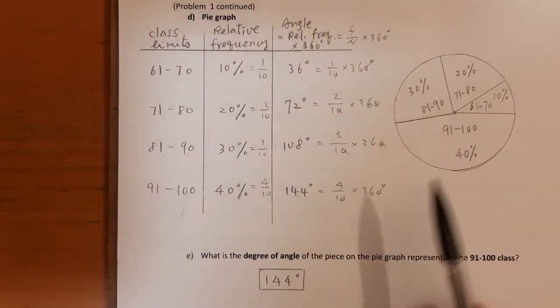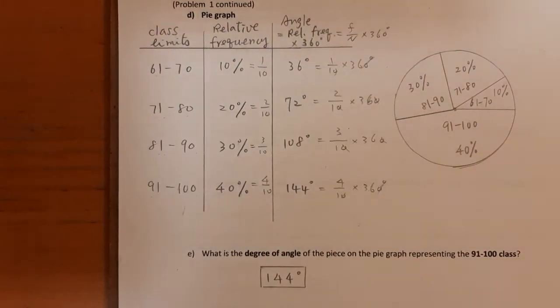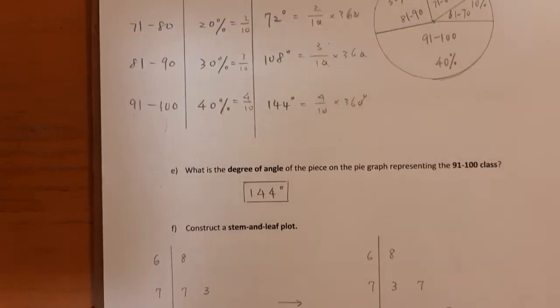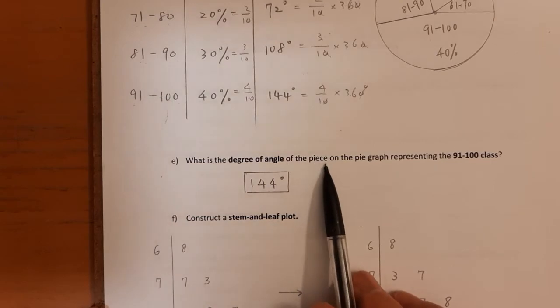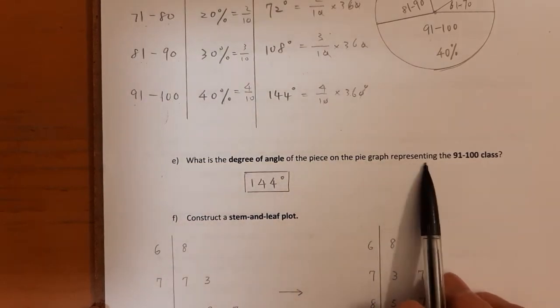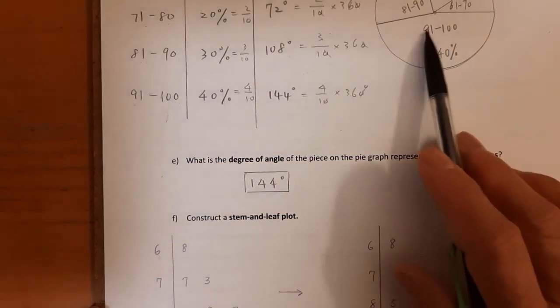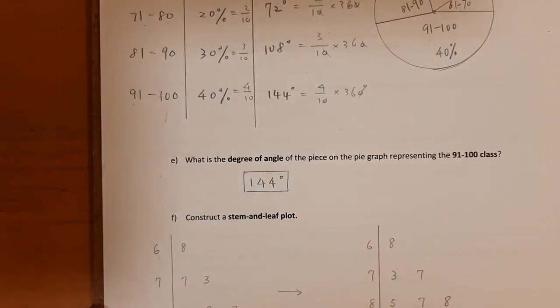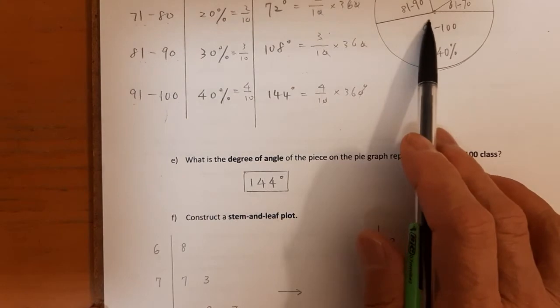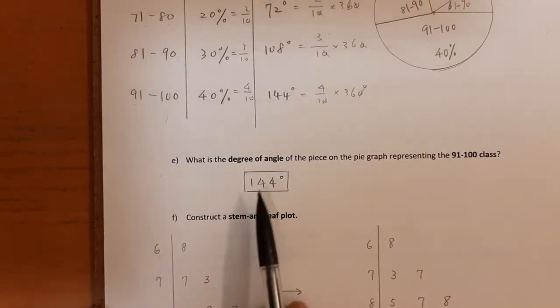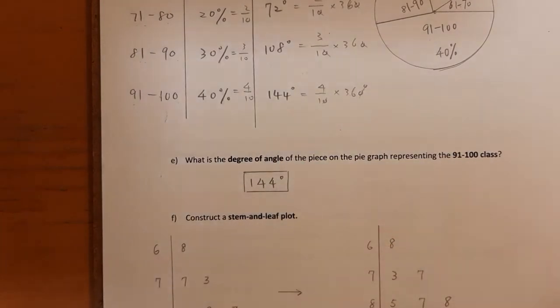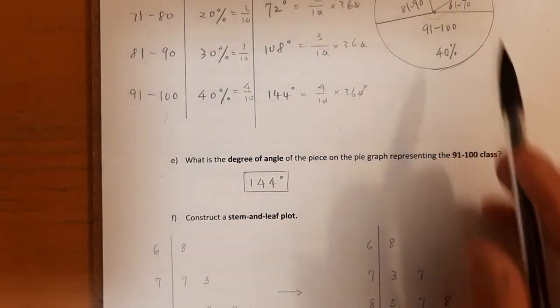Next, what is the degree of the angle of the piece on the pie graph representing the 91 to 100 class? This angle is 144 degrees.